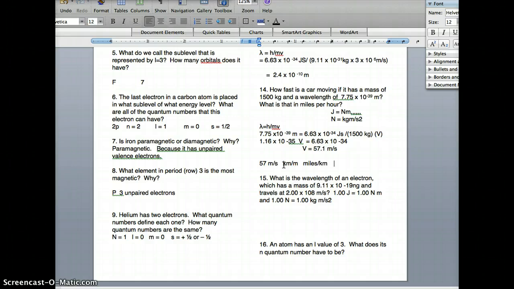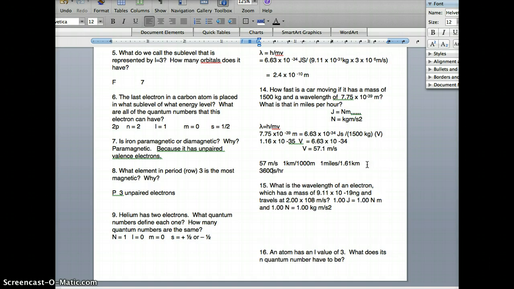Then I'm going to deal with seconds per hour. So I know that a kilometer is 1,000 meters. A mile is bigger than a kilometer. You'll need to look that up, but it was 1.61 kilometers. And there are 60 minutes in an hour and 60 seconds in a minute. So there's 3,600 seconds in an hour.